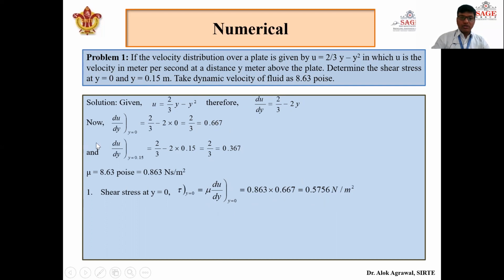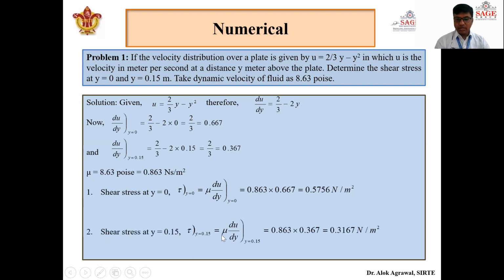Again, we have to calculate shear stress at y is equal to 0.15 meter. So we take du by dy at y is equal to 0.15, that is 0.367. Mu remains unchanged, that is 0.863 multiplied by 0.367, and we get shear stress as 0.3167 Newton per meter square. So this is a very simple problem.